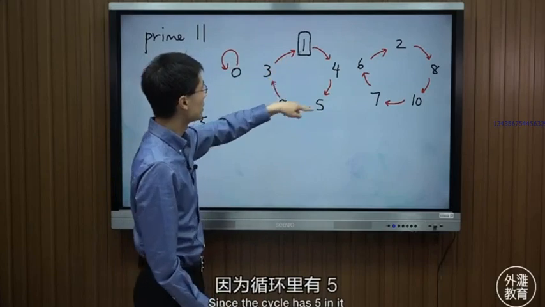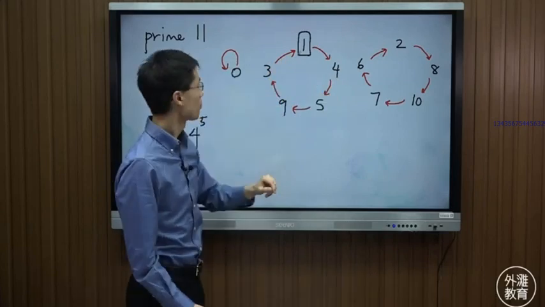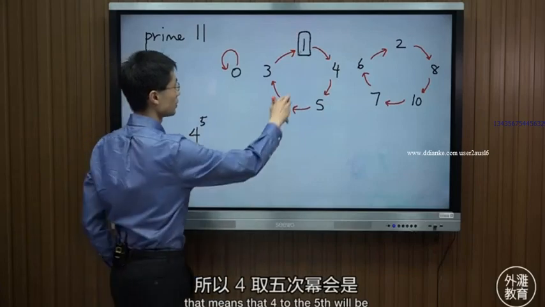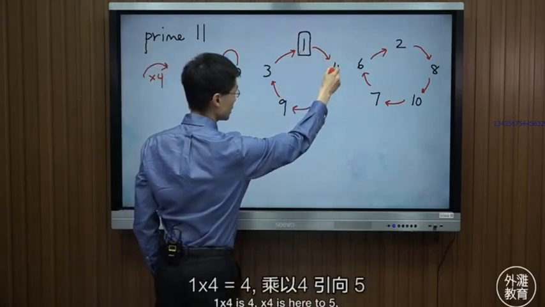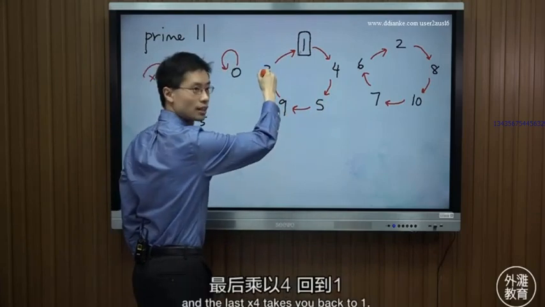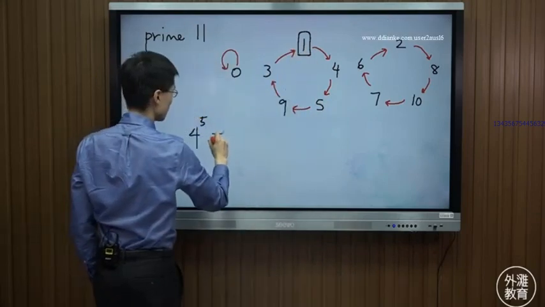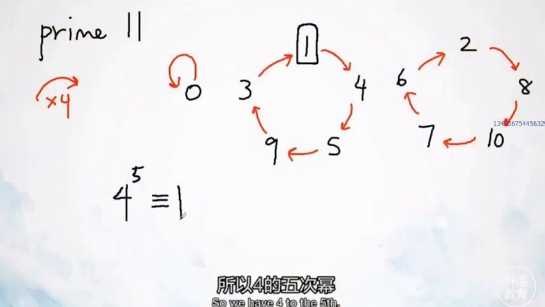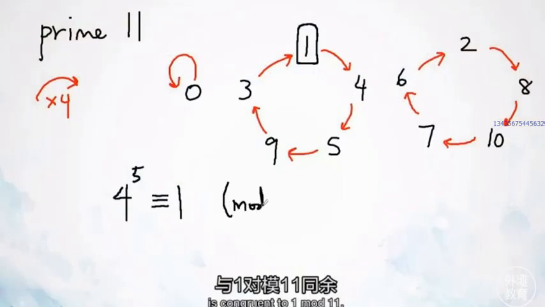Since the cycle has 5 in it, 1 times 4 is 4, times 4 is 5, times 4 gives you 9, times 4 is 3, and the last times 4 takes you back to 1. So we have 4 to the 5th is congruent to 1 mod 11.